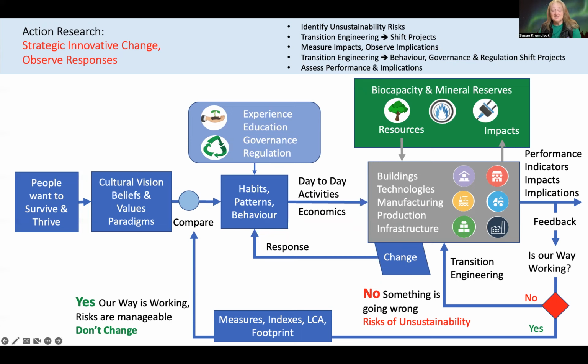Behavior will change as the system changes. So it's about the built environment system and the interaction of that system with the resources and the impacts. Okay. All right. That's good news, actually, because this is all engineered, the engineered system. So we're going to work on the engineered system. Good news.